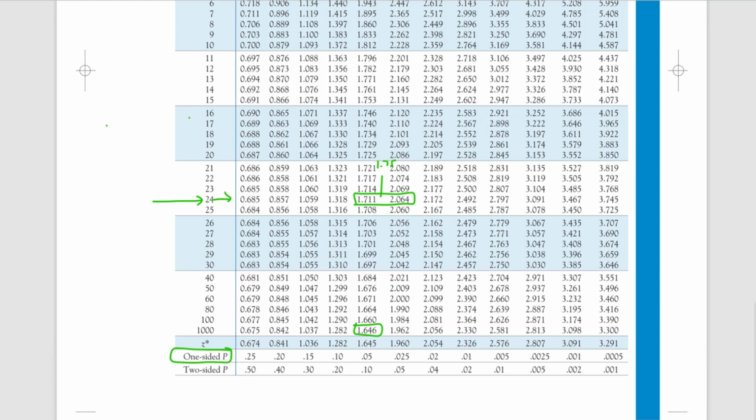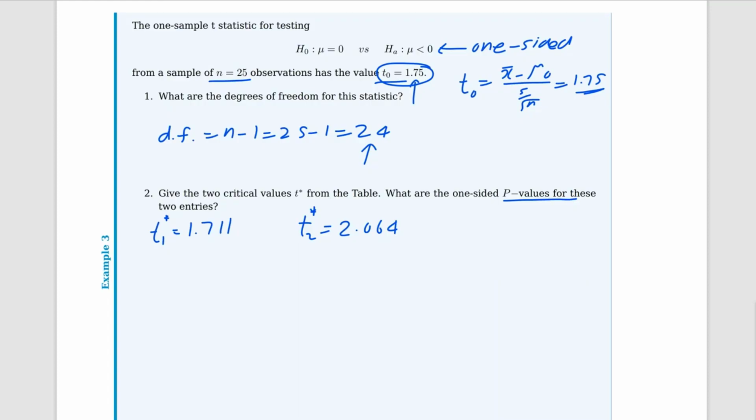Then go down and check the p-values corresponding to these numbers, that is one-sided. Therefore, this is 0.05 and this one is 0.025. What is the meaning of this?